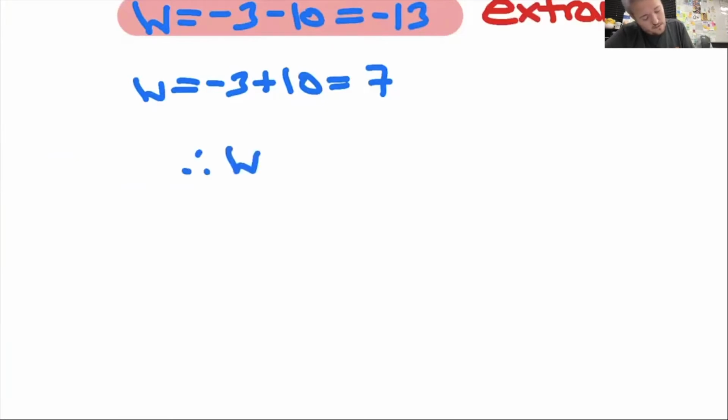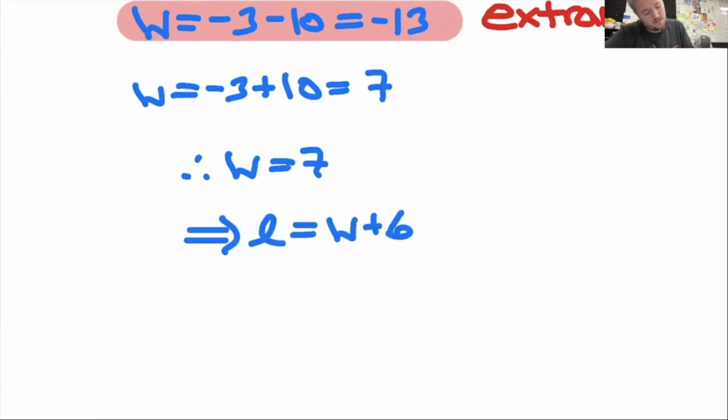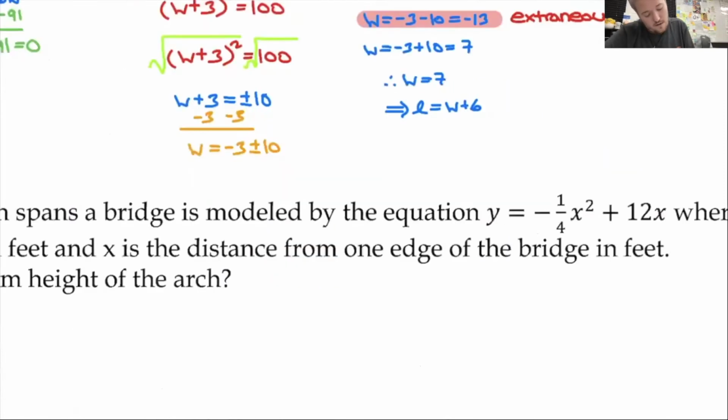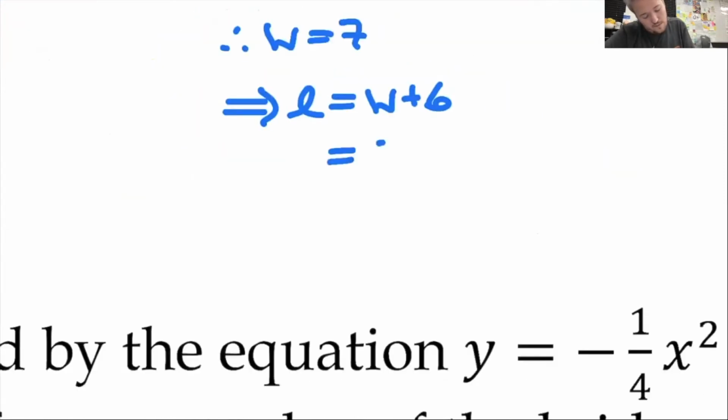is equal to 7, then that implies that the length is going to be equal to the width plus 6, according to the initial problem, which is going to be 7 plus 6, which is equal to 13 inches.